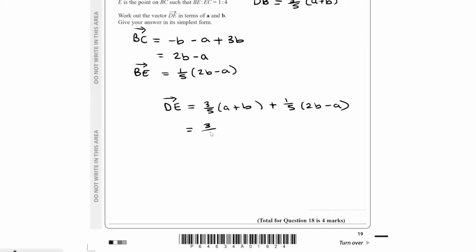So we've got 3/5 A plus 3/5 B plus, that would become 2/5 B minus 1/5 A. So then you see how I get 2/5 A, just be careful you're adding the right ones together, plus just a whole B, isn't it? 5 out of 5, a whole B. So that should be your answer, 2/5 A plus B. I think that was a fairly straightforward vectors one, to be fair.